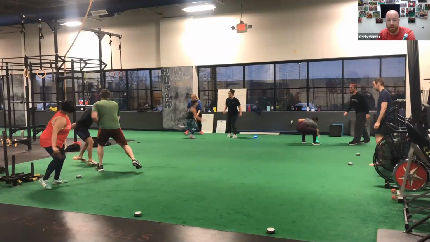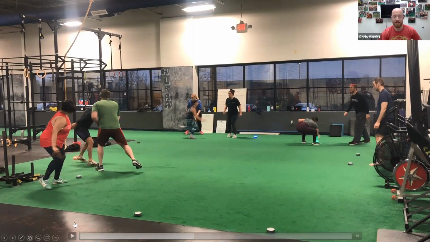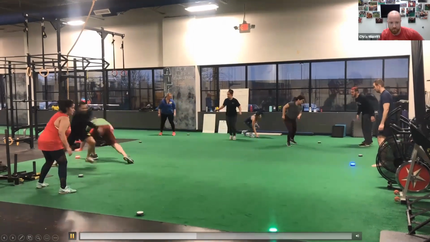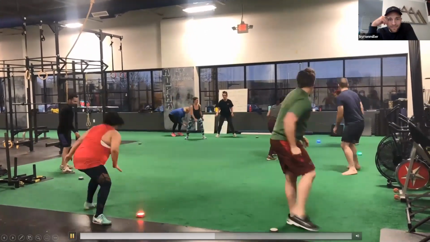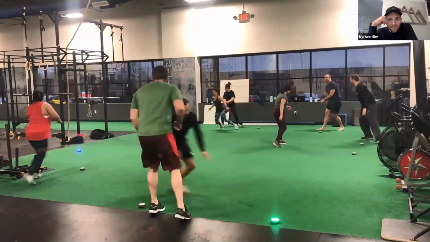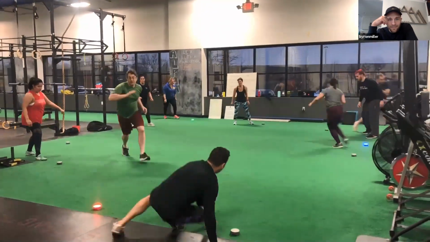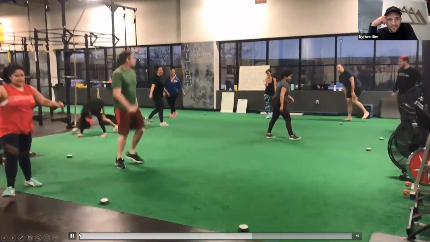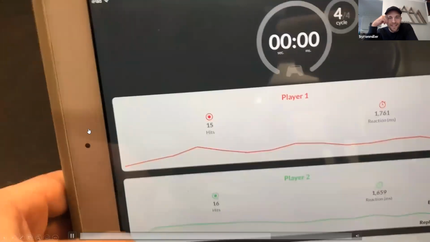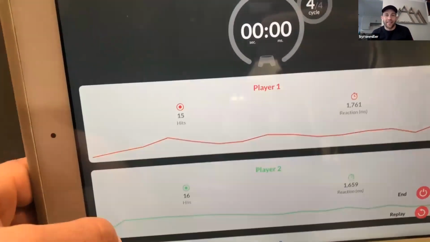Basically each person is on a team and they're trying to tag the lights whenever they come up, and they're competing to see who can tag the most in a given amount of time. That's great, man. That's super cool.